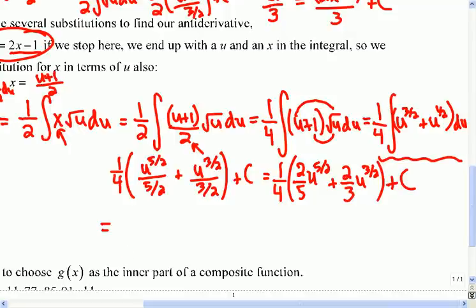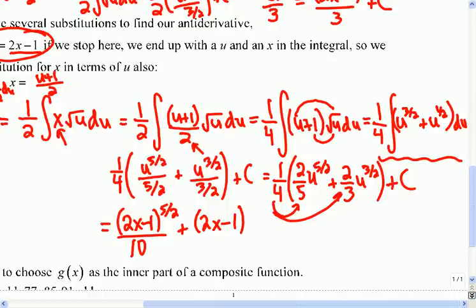So if I put 1/4 into each of these pieces, then I'm going to end up with, let's see here, 2 over 10? So 1 over 10, thank you. It would come to me, I know. 2x minus 1 to the 5/2 over 10. And then the next one is going to be 12, so 1/6. So that looks like where I should end up.